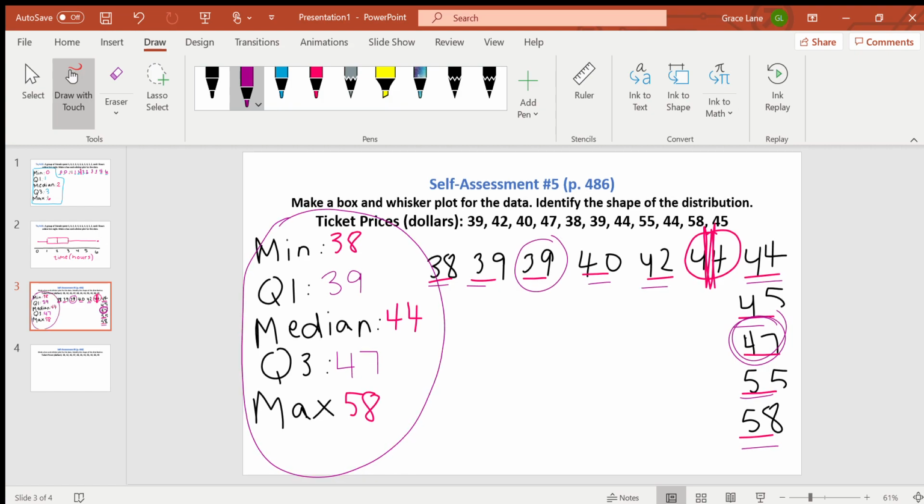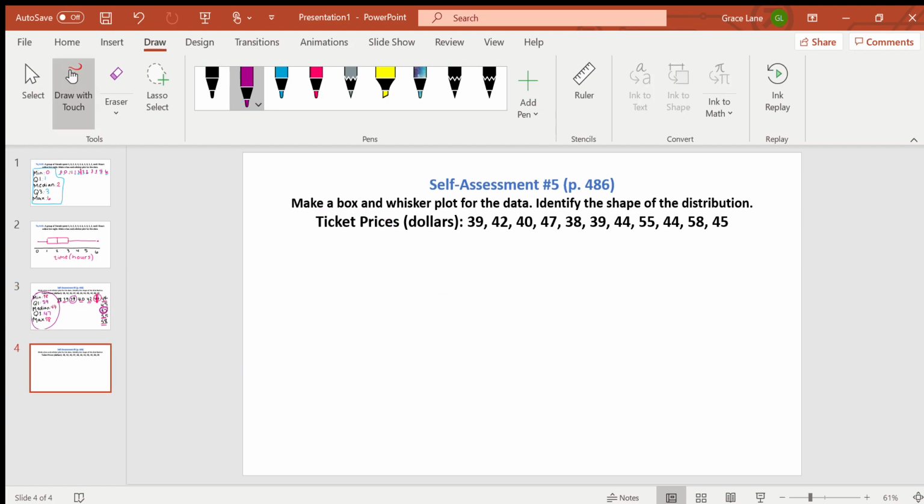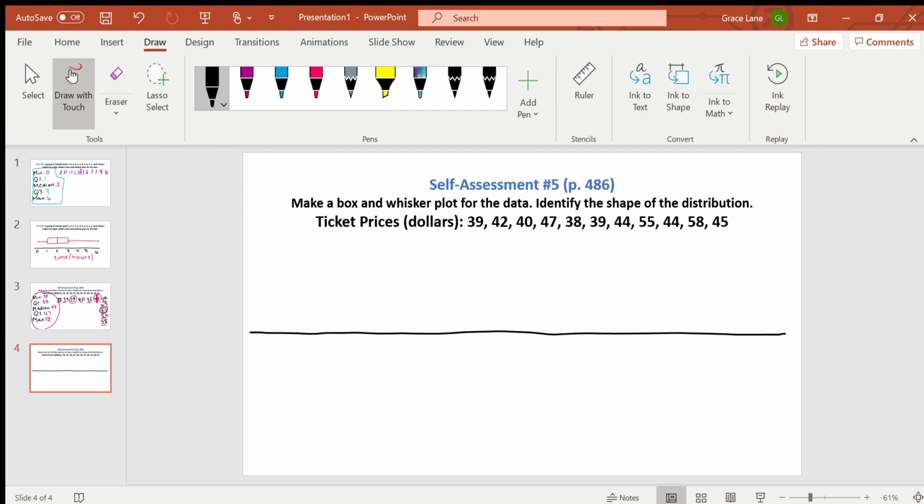Since the smallest number was 38 and the biggest number is 58, your number line has to go between 38 and 58. I would personally not count by ones, but it's up to you. So draw your number line. I'm trying to write as neatly as possible.